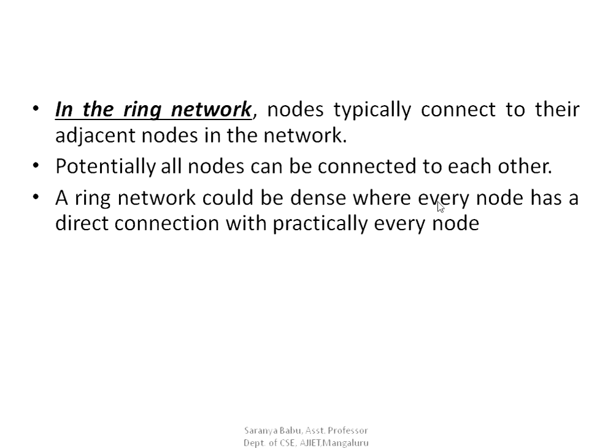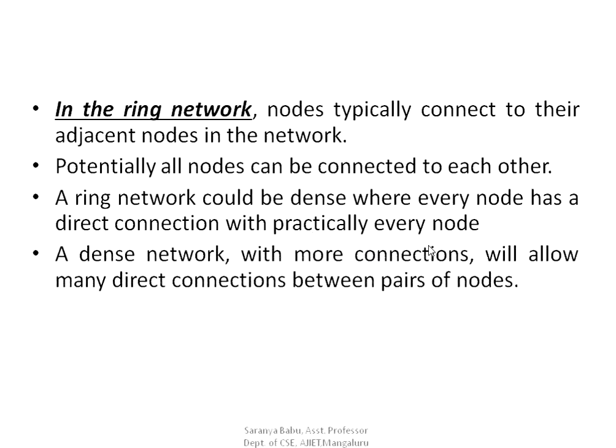But if a node has a direct connection with almost every node, then the ring network could be dense. Clear?